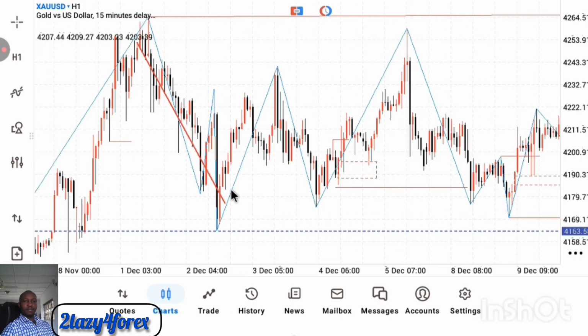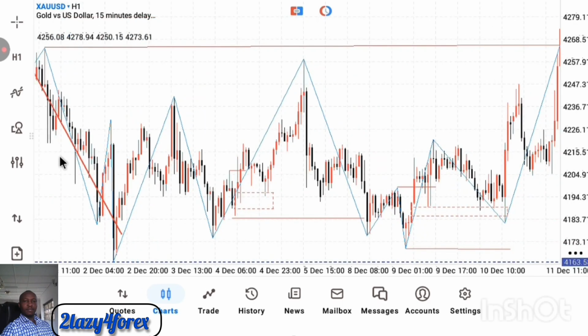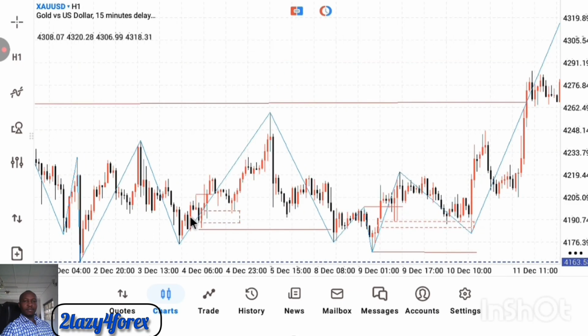This is our pullback phase. So the lowest point of that pullback, as long as we are still inside this place, price didn't close below it, you can look for another trade. That's what I was saying earlier. So we entered this, we got tagged in, it didn't go far. We lost that trade. It gave us another opportunity.